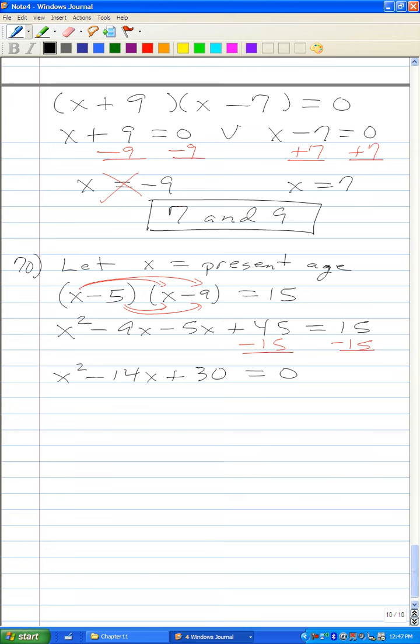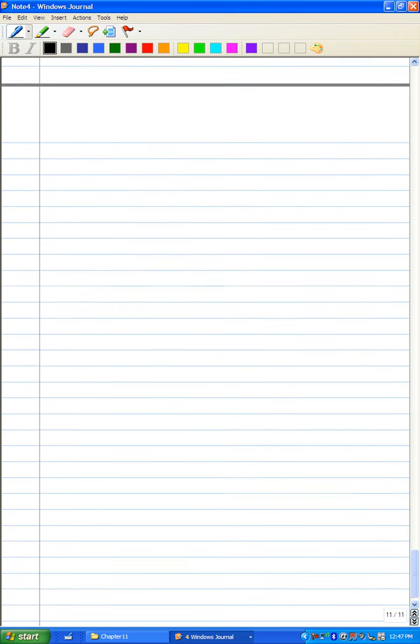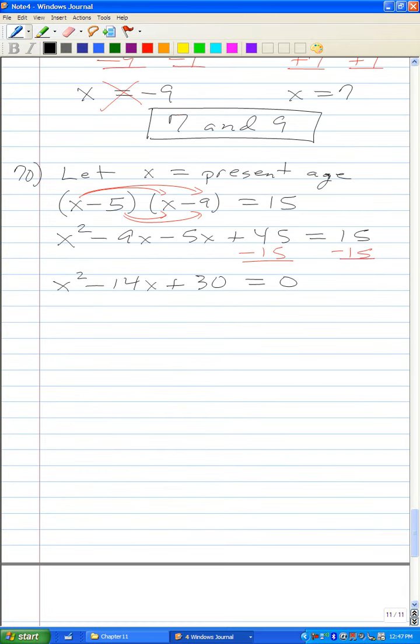So why don't I use the quadratic formula? So let me use the quadratic formula. X equals negative b plus or minus the square root of b squared minus 4ac all over 2a.